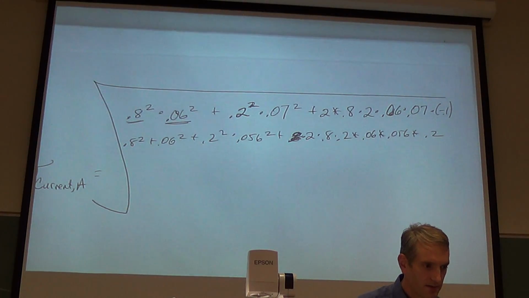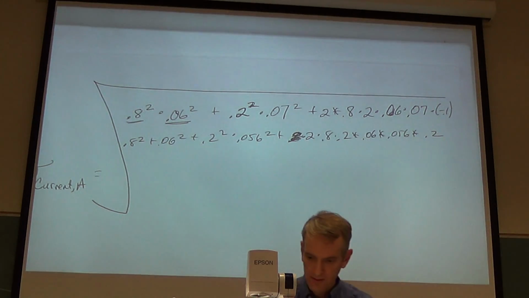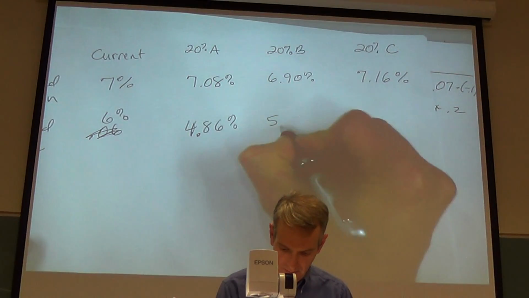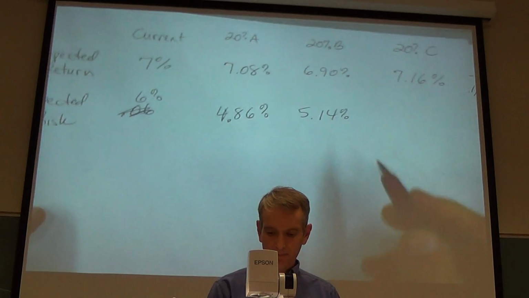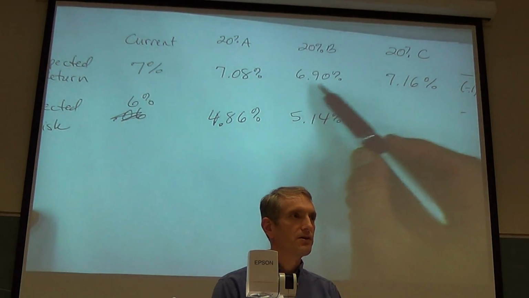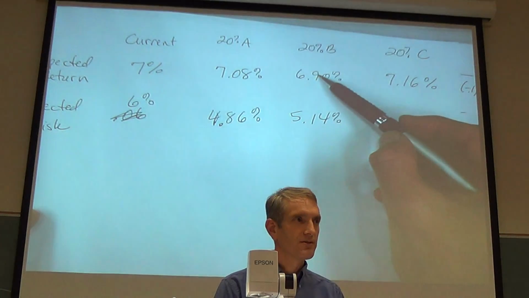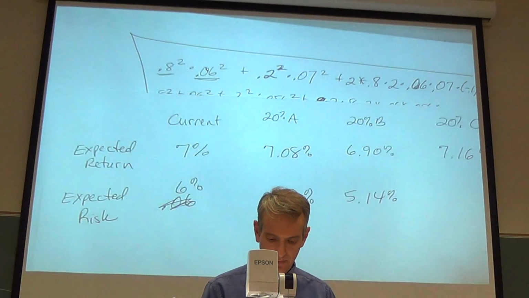Y'all check that work and see what you get. I got 5.14. Anybody else getting that number? Yeah, 5.14, that looks good to me. All right, the problem with B is that you lose return. You reduce your risk quite a bit, that's good. But you're also sacrificing return, that may not be so good.